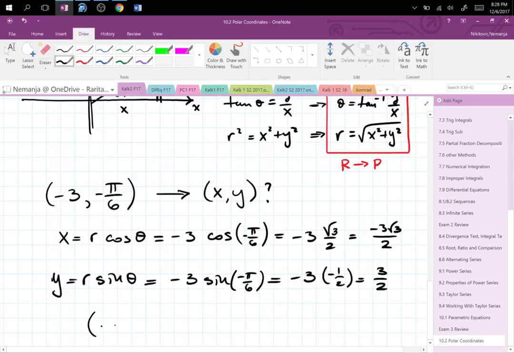So the polar coordinate -3, negative pi over 6 is converted into -3 root 3 over 2, comma 3/2.